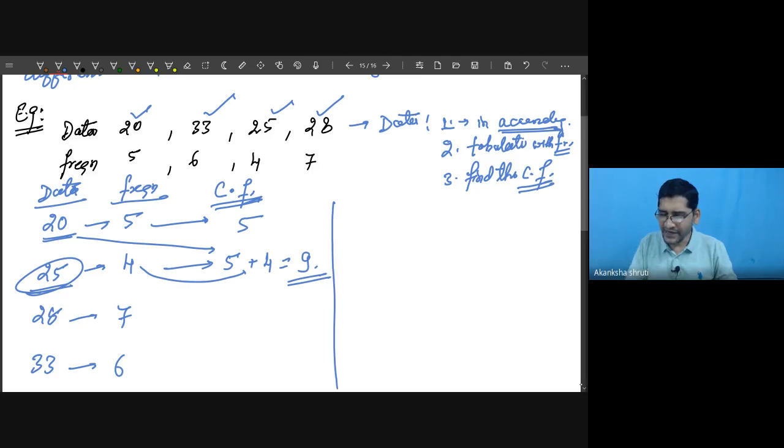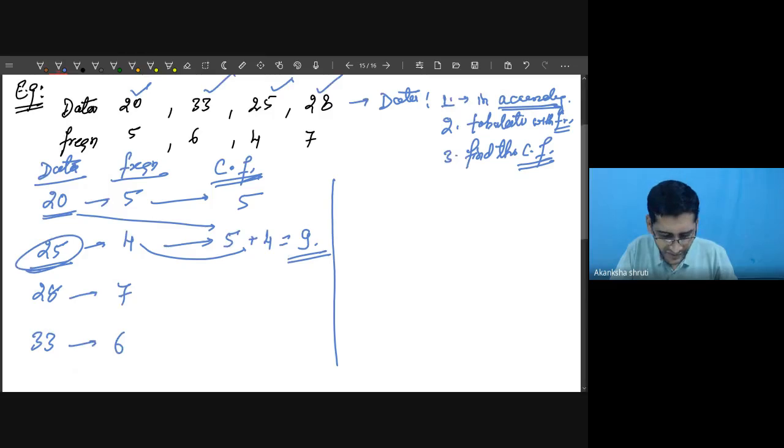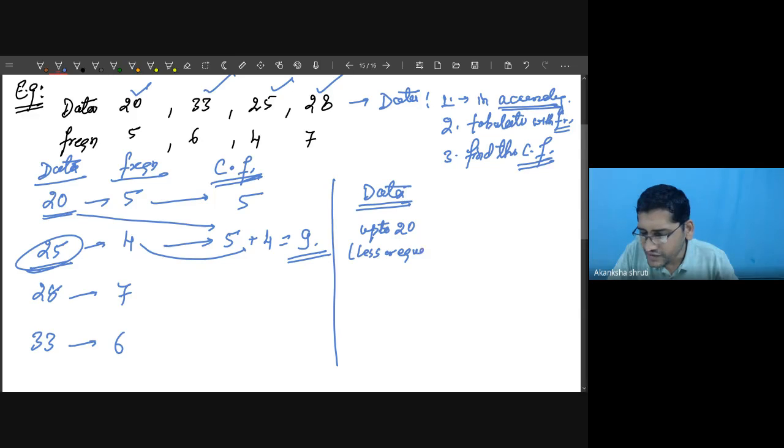So the entire table has to be rewritten. The data is below 20 or up to 20. Let me write this: up to 20. Up to 20 means what? It is less than or equal to 20. That I have taken. Though no data below 20 is given, for the cumulative frequency we have to take up to 20.